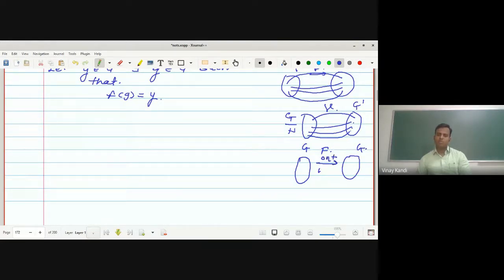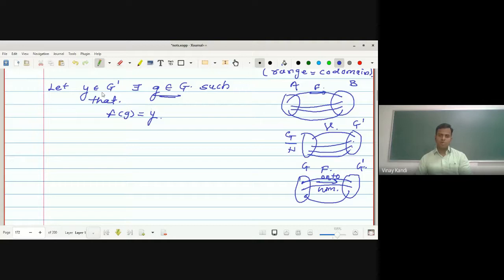That means for every element in G dash, we get a pre-image in G. Here y belongs to G dash. y is of the form f of g, because f is onto. So there exists g in capital G such that y is equal to f of g.